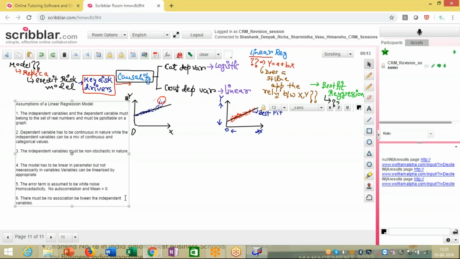So the error terms at two time points will be absolutely uncorrelated. You take any two errors and try to find a correlation, and you will see that there is no correlation.